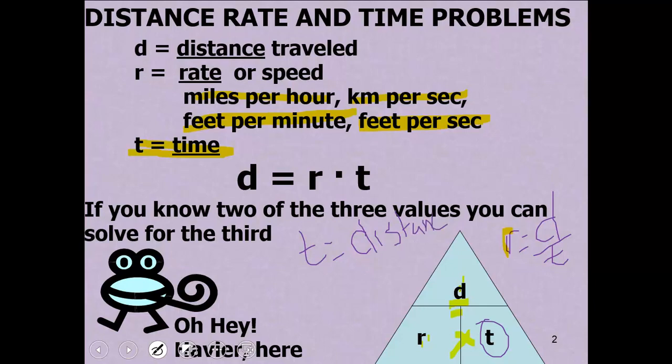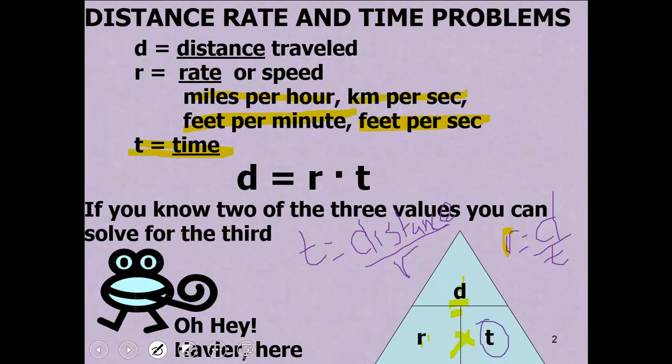If you wanted to find time, time would be distance divided by R, or rate. So if you can remember this triangle, it'll help you solve for any of those pieces, whether they ask you to find the distance, what rate the thing was traveling at, or how long it took. If you're looking for D, you're going to be looking for things that say how far.